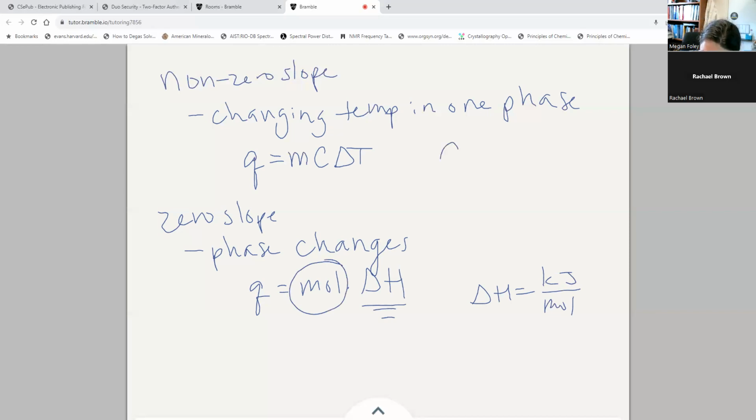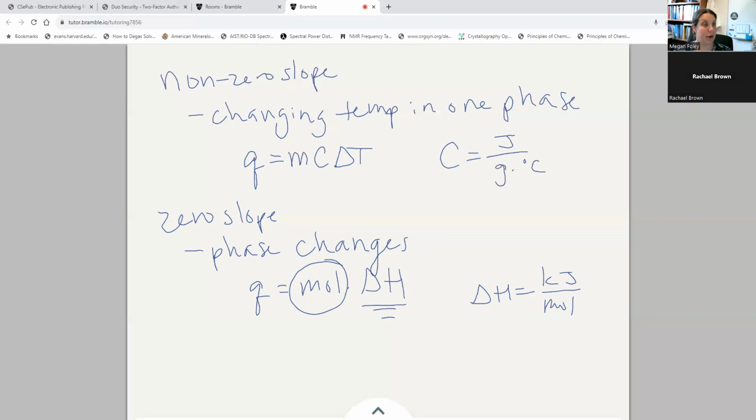With specific heat, this is generally in joules per gram times degrees Celsius or Kelvin. Either one is the same exact thing. Sorry, not moles, I put the wrong thing. Joules per gram times degrees Celsius.